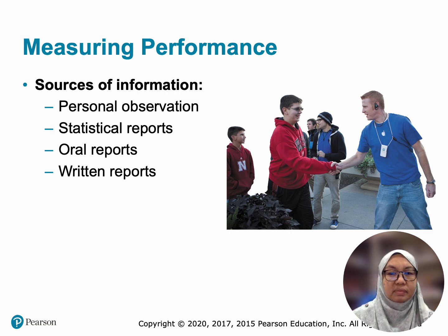Personal observation provides first-hand, intimate knowledge of unfiltered actual activity. A manager just walks around observing their employees, talking to them, and looking at the way employees do their work. Basically, that can be used to measure performance.